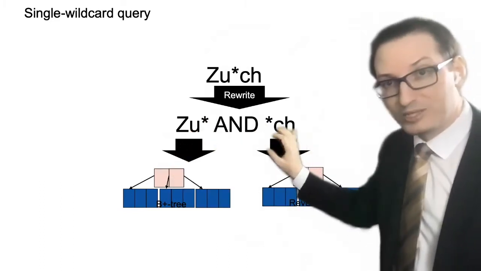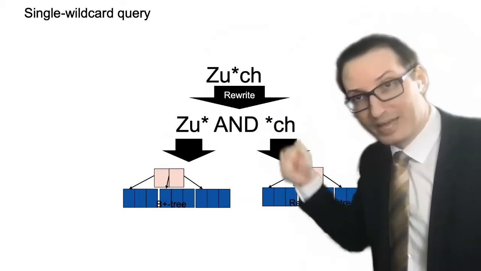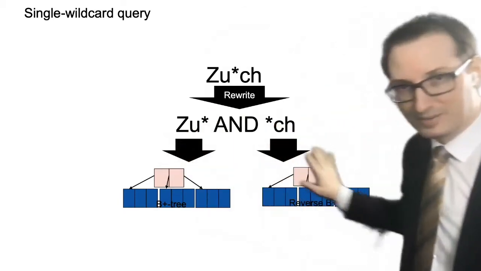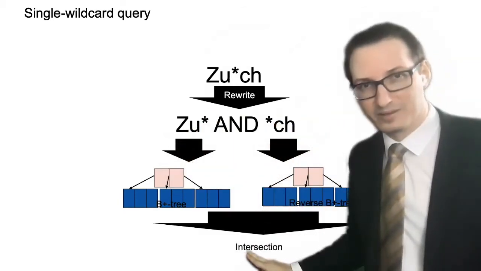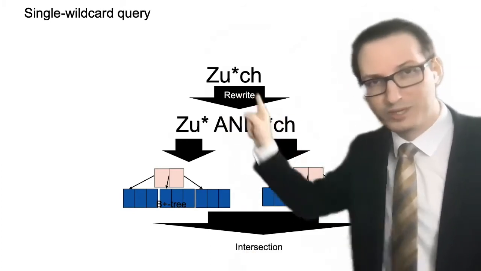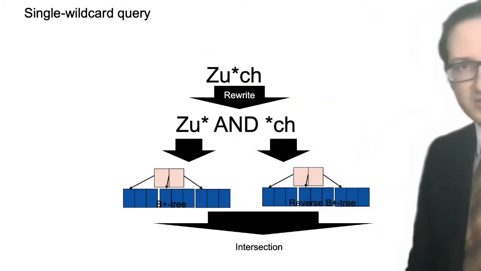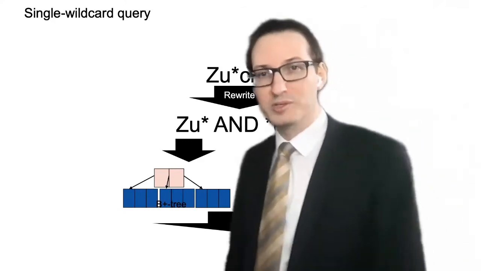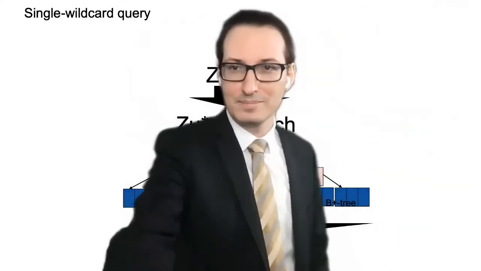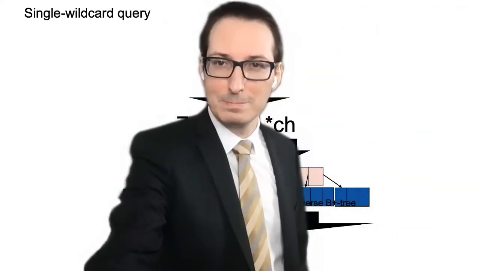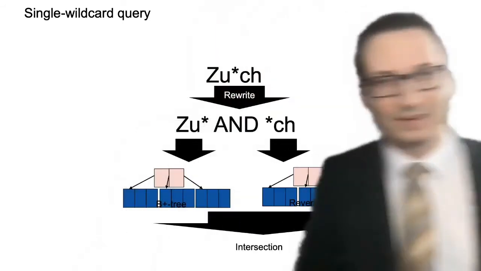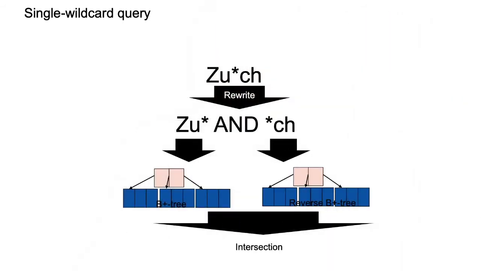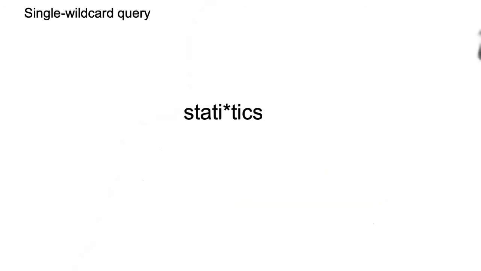And here we do it on the reverse B plus tree on HC to AD. Right, and then we intersect the two. So this is how we answer this single wildcard query. But do you see the problem here? Let me help you. Do you see the problem?